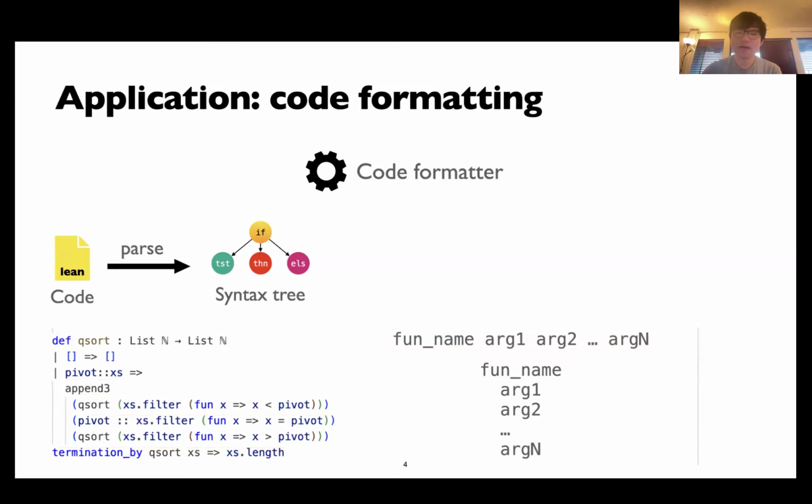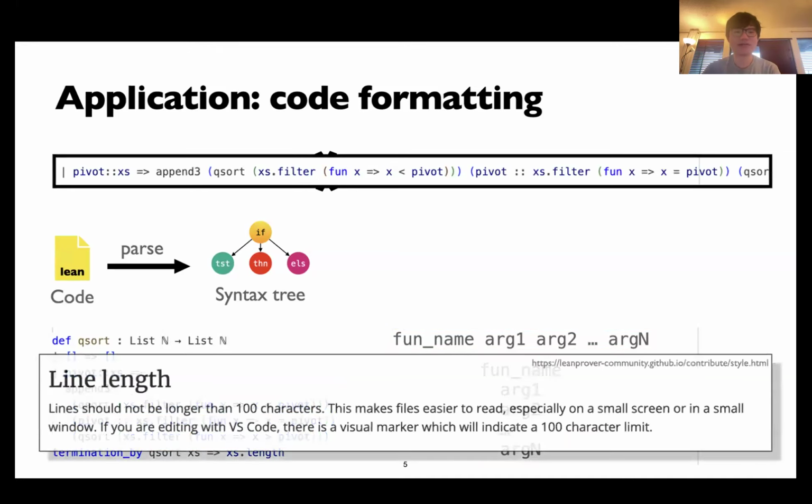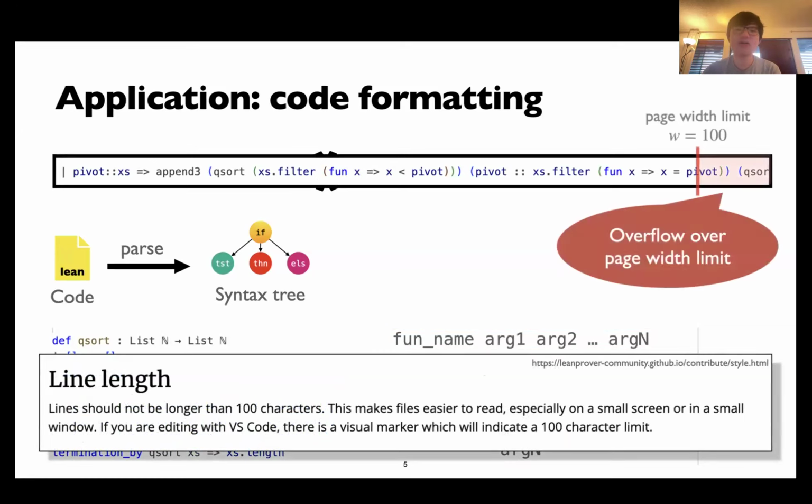Well, if we only have the horizontal style, then we could have a really long line like this. And that's not readable. In fact, the Lean style guide says that the line length should not be longer than 100 characters. And so we can make this a bit more precise by saying that there's a parameter called the page width limit. And the fact that this line has an overflow over the page width limit means that it's really bad.